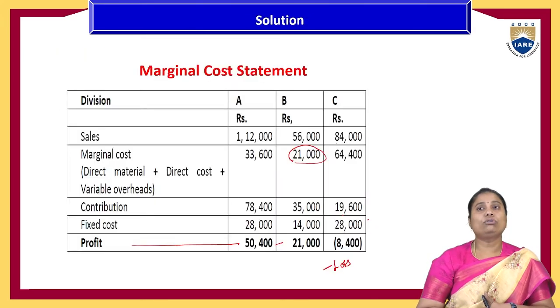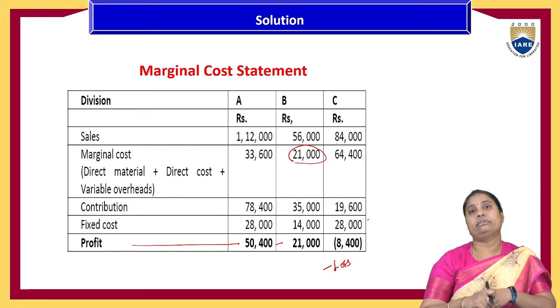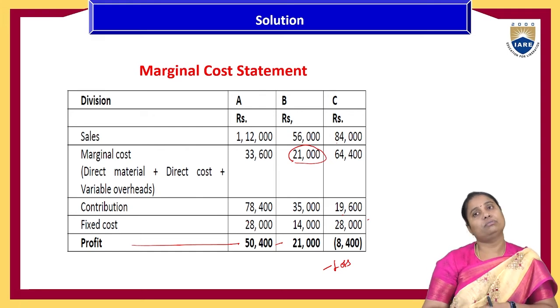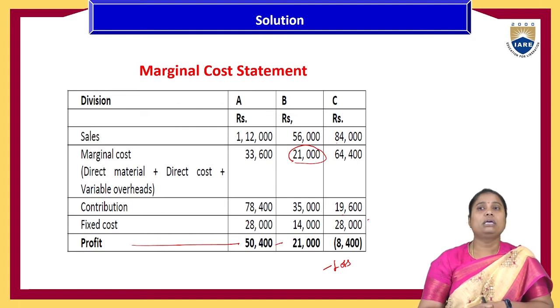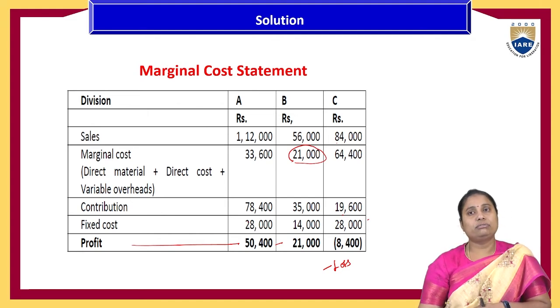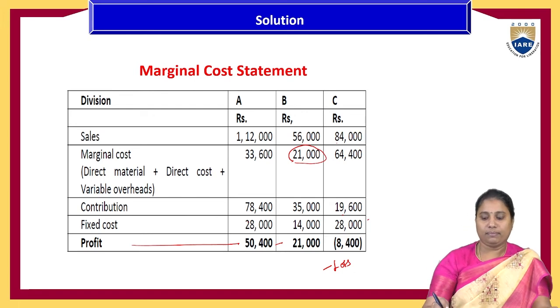So it is better to close down C, because they are going to get a loss of 8,400 with this division. It is better to continue with only the A and B divisions, because by running division C the organization is getting losses.